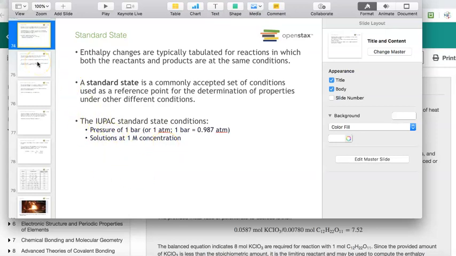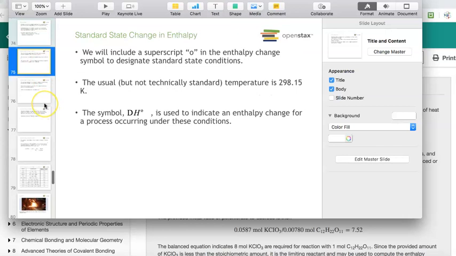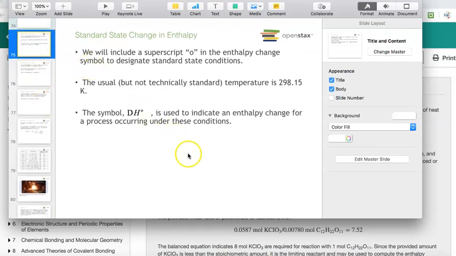When they refer to something being in the standard state, you have to memorize that's what they mean. So the standard state change in enthalpy, we symbolize that by a superscript of a little 0 in the enthalpy change symbol to designate standard state conditions.